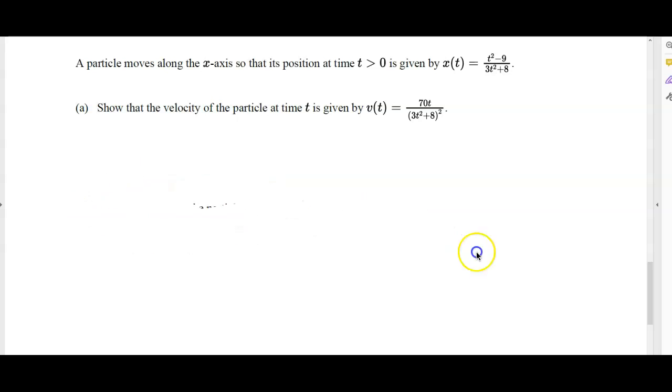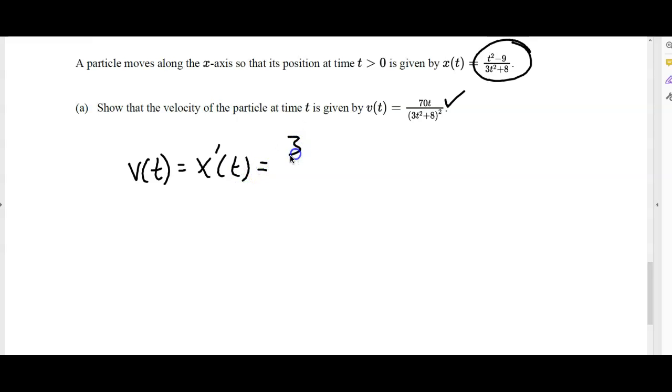So let's do the quotient rule. So after I do the quotient rule on this, I should end up with that. That's my goal. So we do low d high minus high d low.